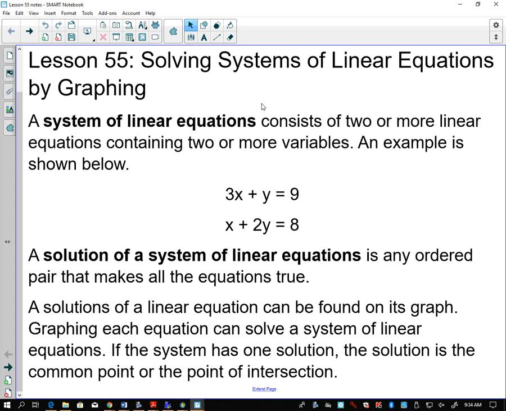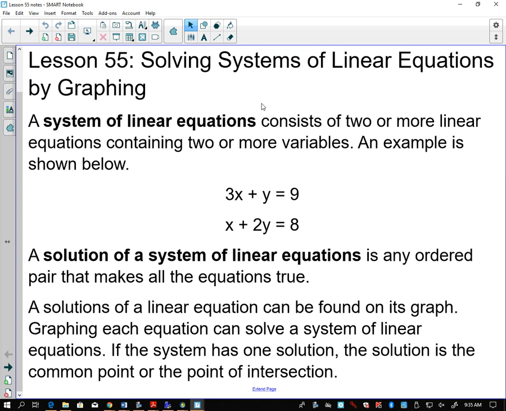It is possible that there is no solution. There's no solution when two lines are parallel, because are two parallel lines ever going to cross? There's no point of intersection, therefore no solution.